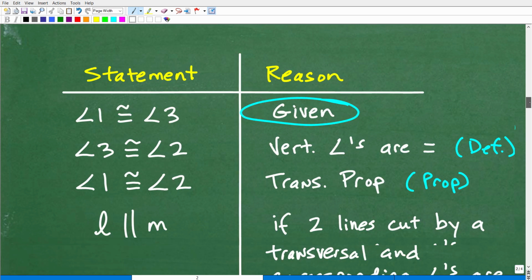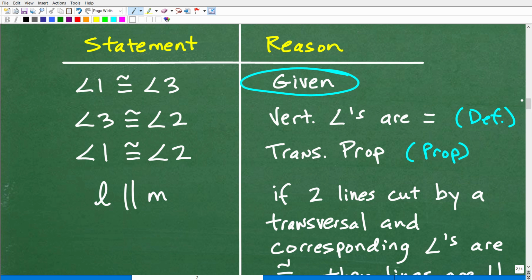That's my next reason. I can't do anything until I establish that fact. So angle 3 is congruent to angle 2. Why? Because vertical angles are congruent. 3 and 2 are vertical angles by definition, and vertical angles are congruent.